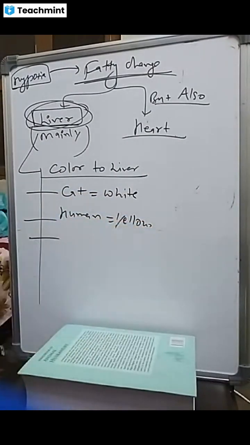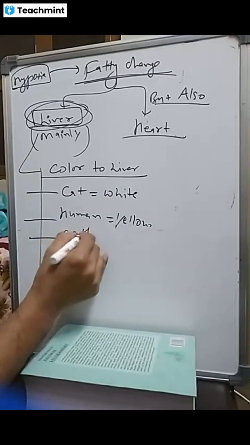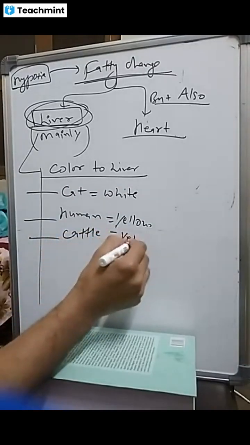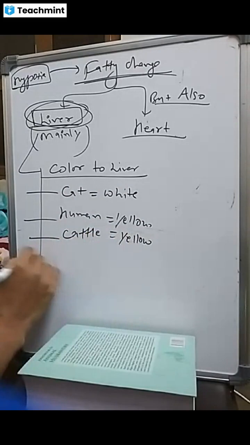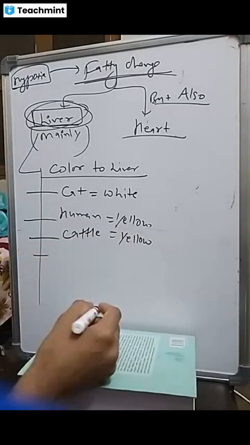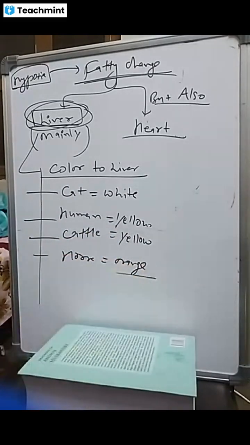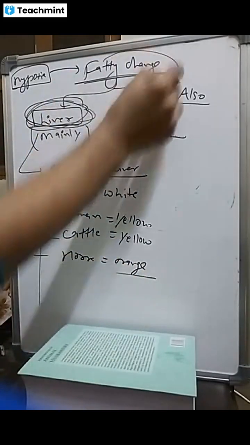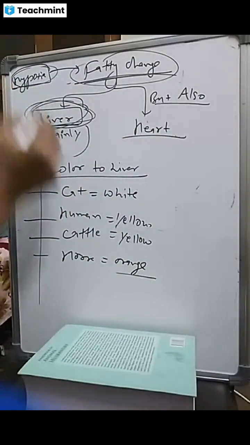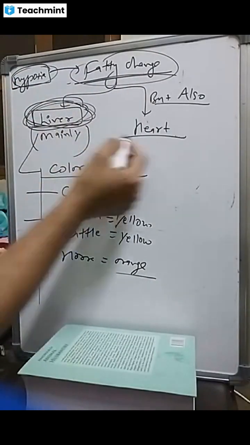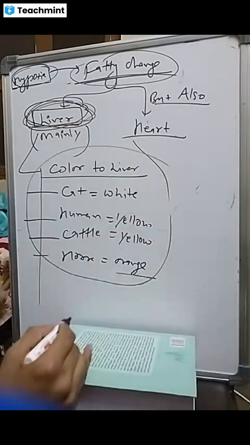In cattle, it is yellow. In the case of horse, it is orange. So this is the fatty change because of hypoxia, and in the liver, the colors differ.